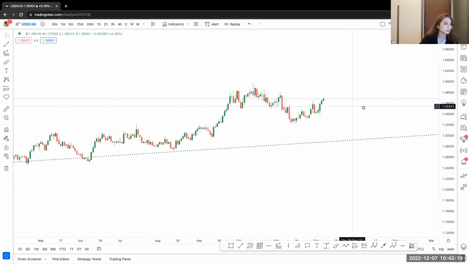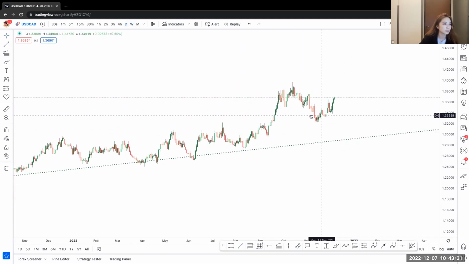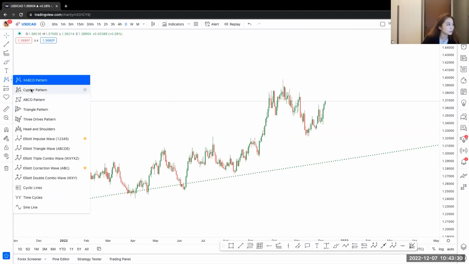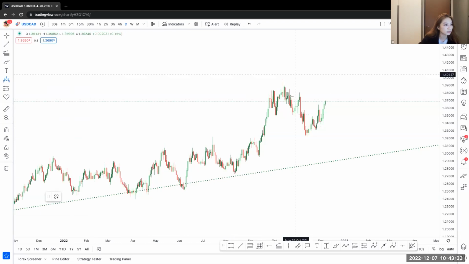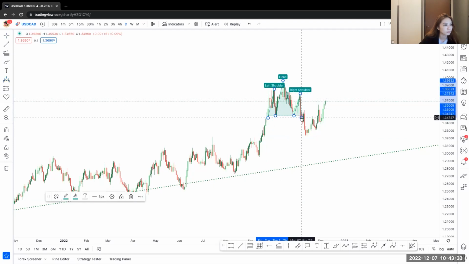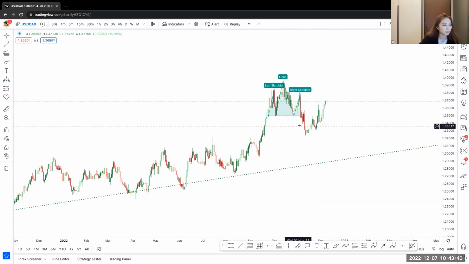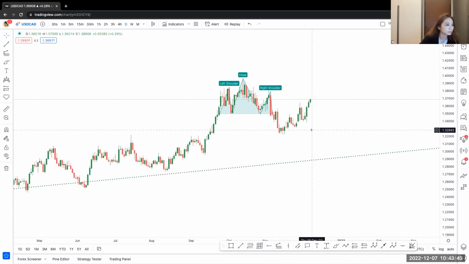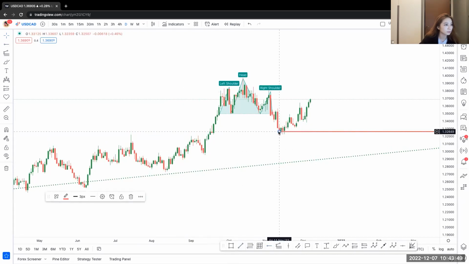So on the daily, the slope seems to be slowing down a little bit. Previously, it looks like it has had a head and shoulder pattern kind of thing. Yep, it did react up to it a little bit and then picked up the momentum again. Looking at a potential support over here.